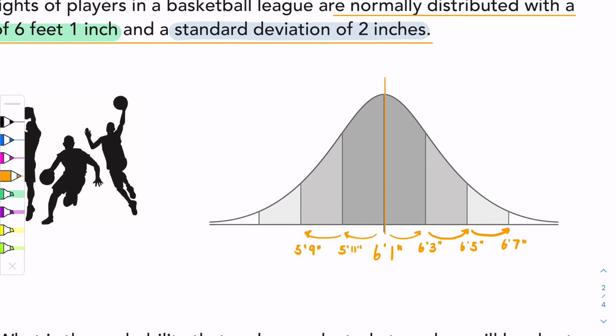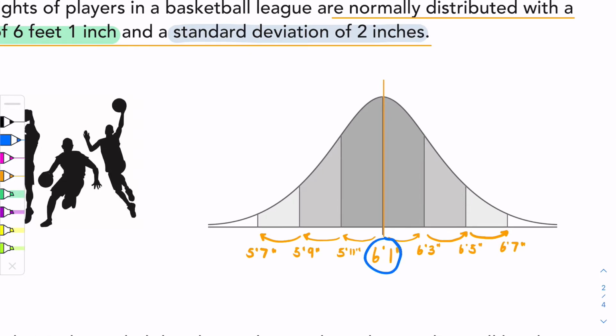Subtract 2 from 5'9", we get 5'7". So every time, starting at the mean, for every deviation, we add 2 inches, moving to the right of our curve. Moving to the left of the curve, we're subtracting 2 inches every time.